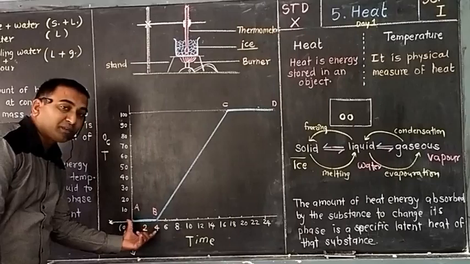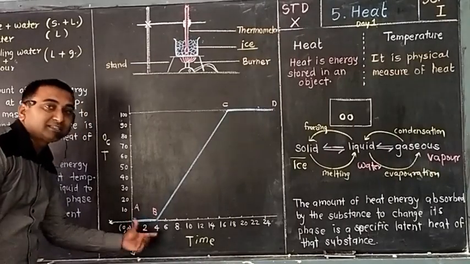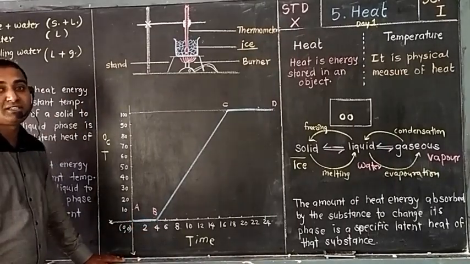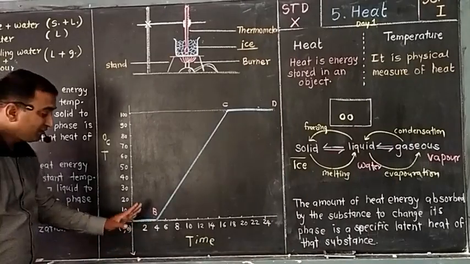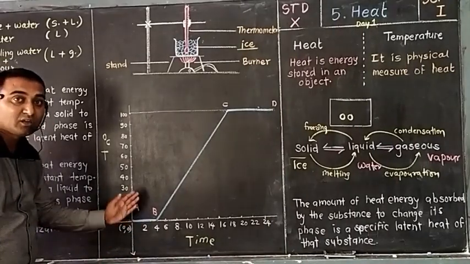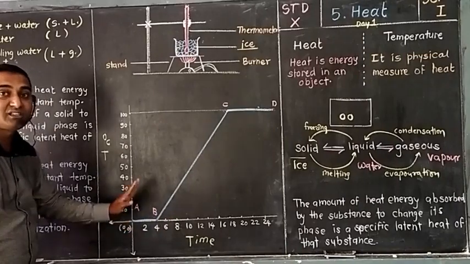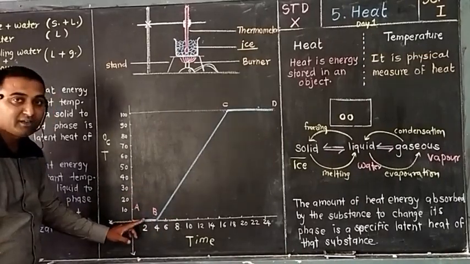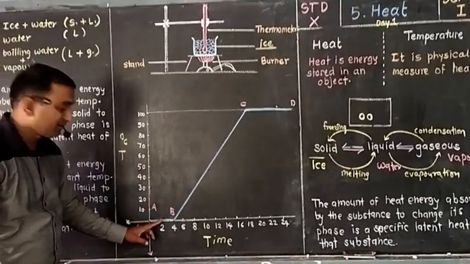For the first few minutes, it has absorbed the heat without changing temperature, because this heat has been absorbed to convert the phase. Ice was in the solid phase and now it is converting into the liquid phase.